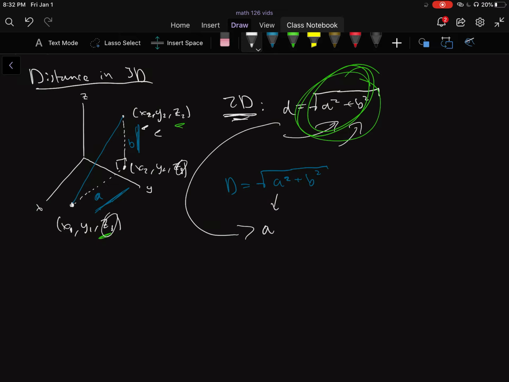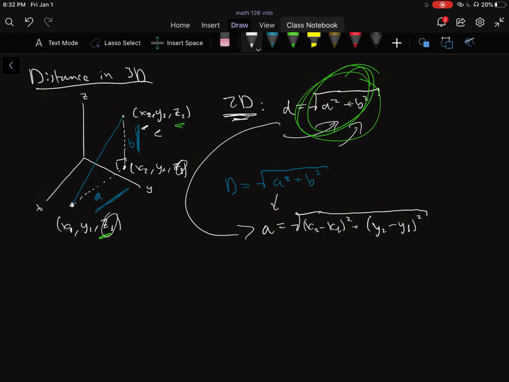We can say that a is equal to the square root of x2 minus x1 squared plus y2 minus y1 squared. And boom, that's it. It's quite literally that simple.